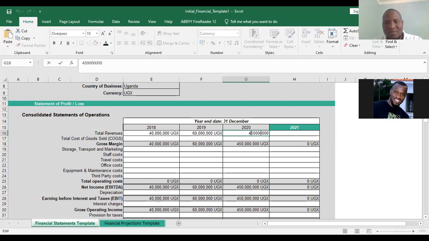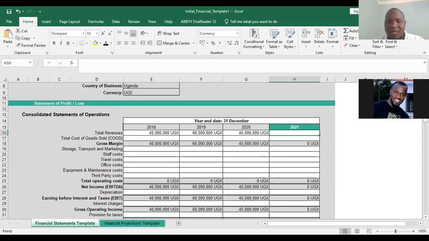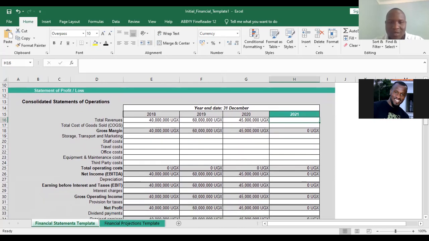Okay, and in 2021, I'm going to assume that the year has ended. Or alternatively, I can leave it as that, and I'll project for 2021. Okay, so you'll notice the gross profit here is indicating 40.